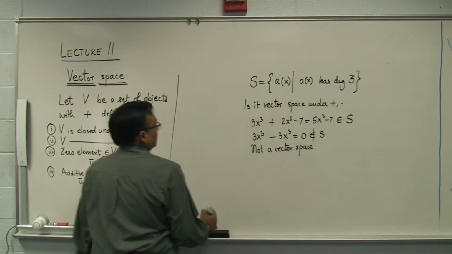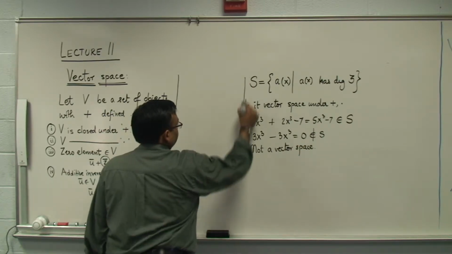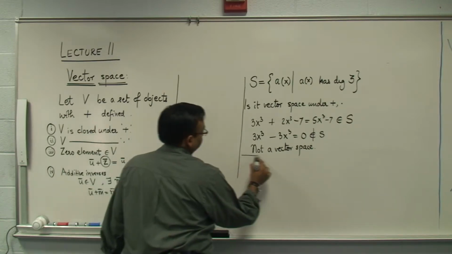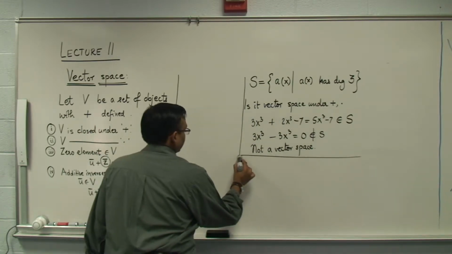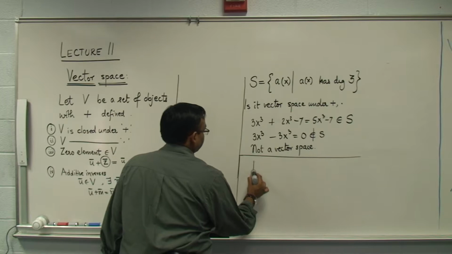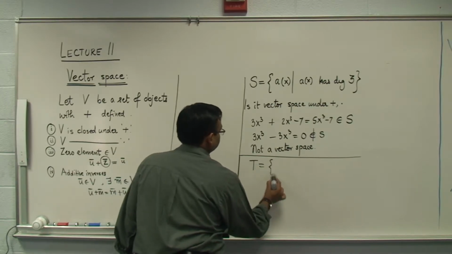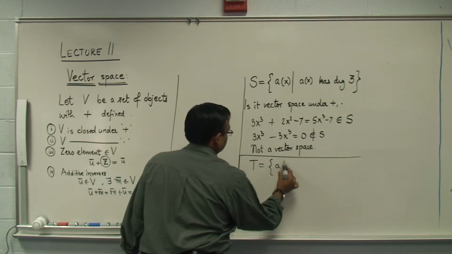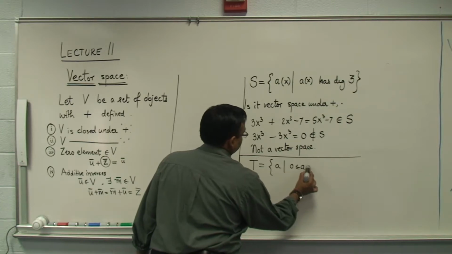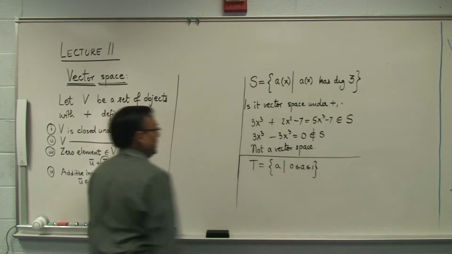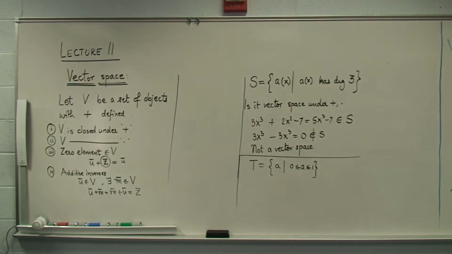Likewise, if you look at the interval 0, 1, suppose instead of looking at the real numbers, I confine my focus to just 0, 1. So all elements a which lie in the interval 0, 1, and we are going with regular addition and multiplication.